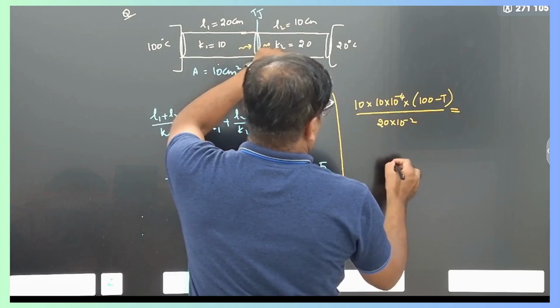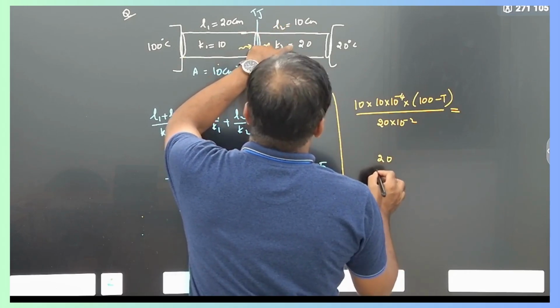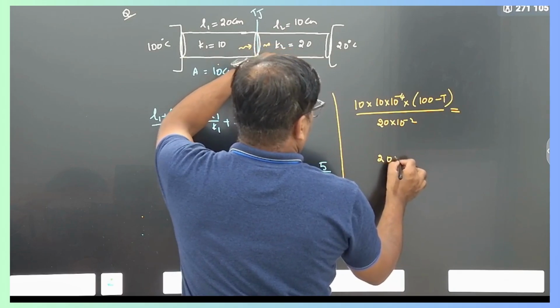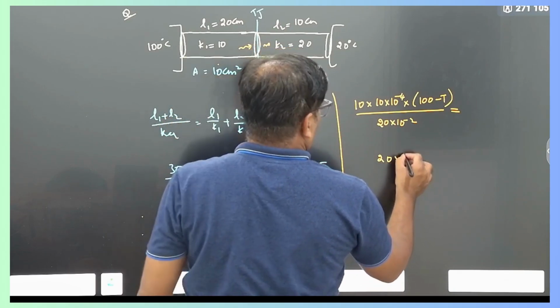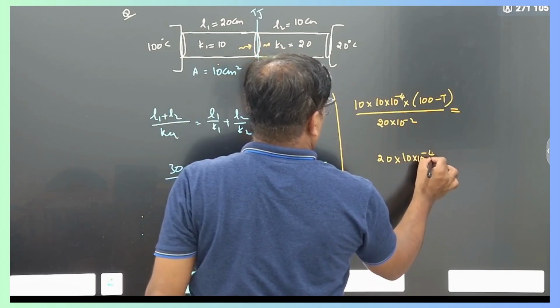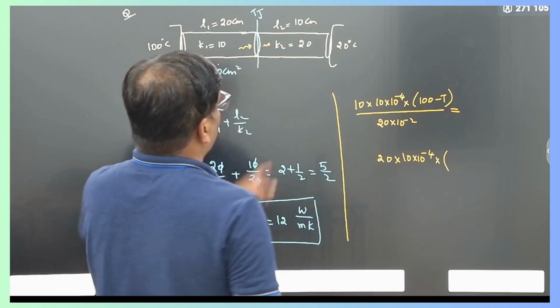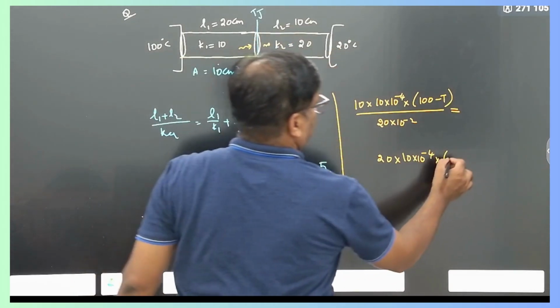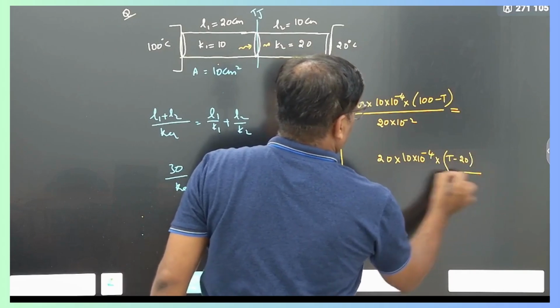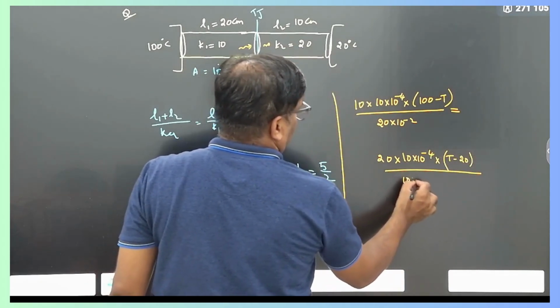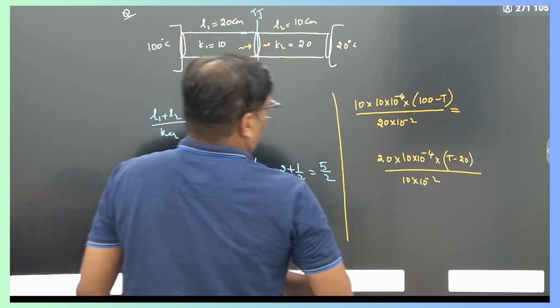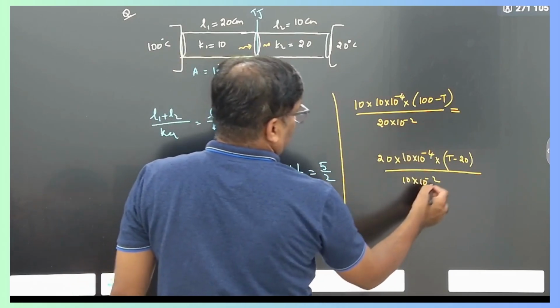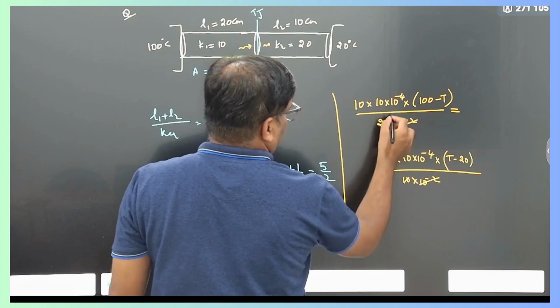K value is 20 in SI unit, into area which is also the same, 10 into 10 to the power of minus 4, into T minus 20, divided by 10 centimeter, 10 into 10 to the power of minus 2. So simplify, what can you get now? This side gets cancelled out, this is also cancelled out.